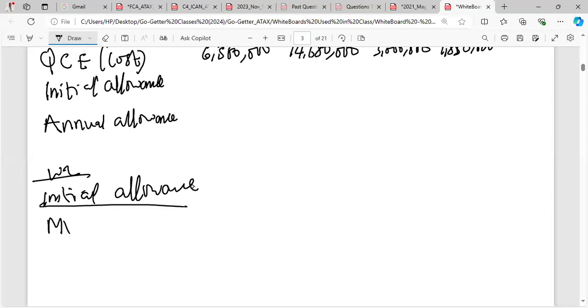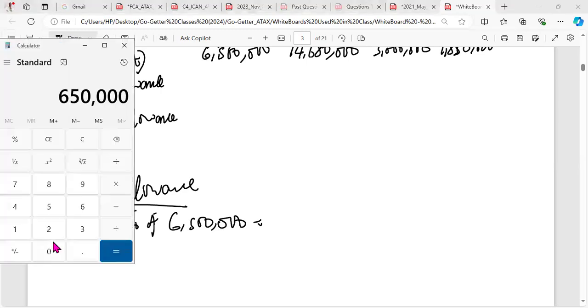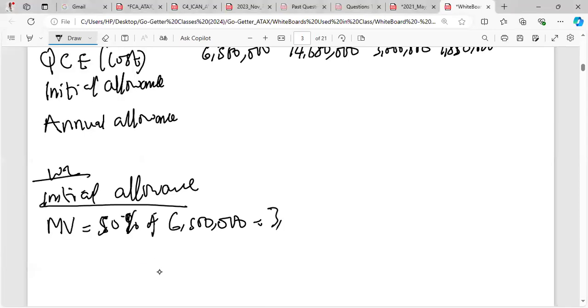For motor vehicle, we are given the cost here, 50% of 6,500,000. 6,500,000 times 0.5 will give us 3,250,000. That's what you put here.